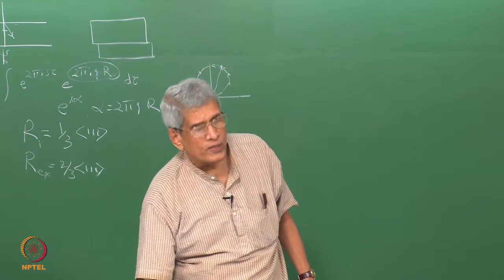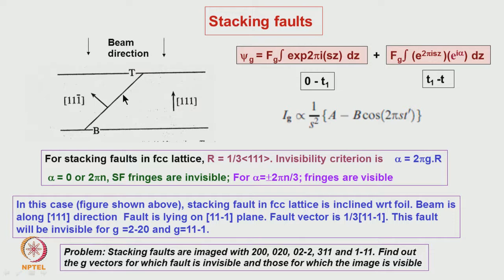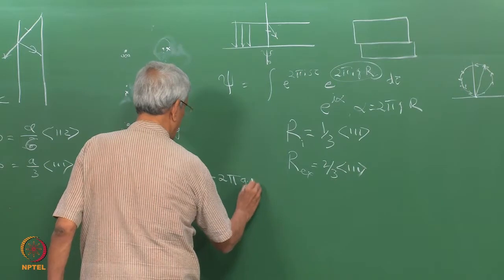Now suppose such a fault line is inclined like this and the fault vector is always in this direction. Now you see that when the fault is inclined, there is a phase shift which will be introduced. This phase shift is essentially, as we have written in that expression, alpha equals 2 pi g dot r.